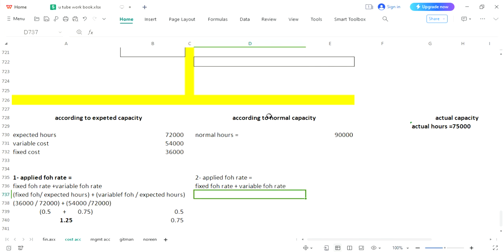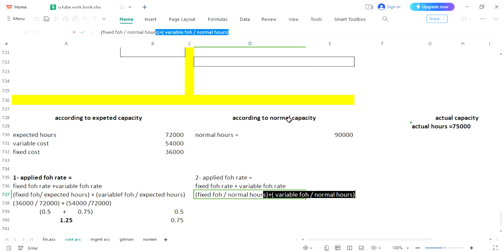While fixed FH rate has a formula, fixed FH would be divided by, please need your attention, here it was expected capacity, so you divided fixed FH by expected hours. Now we are calculating the rate according to normal capacity. So here you will write normal hours. Okay, bracket would be closed, and then we need variable FH rate, and the formula has been mentioned.